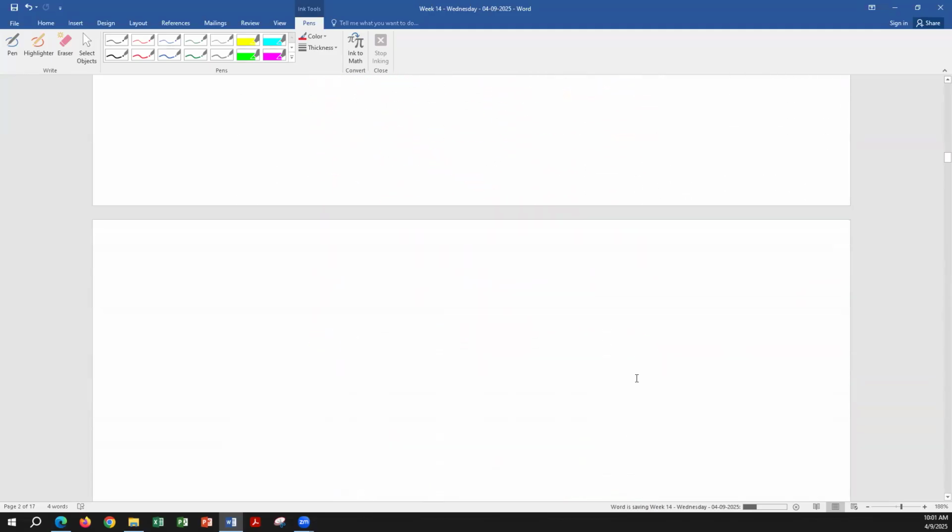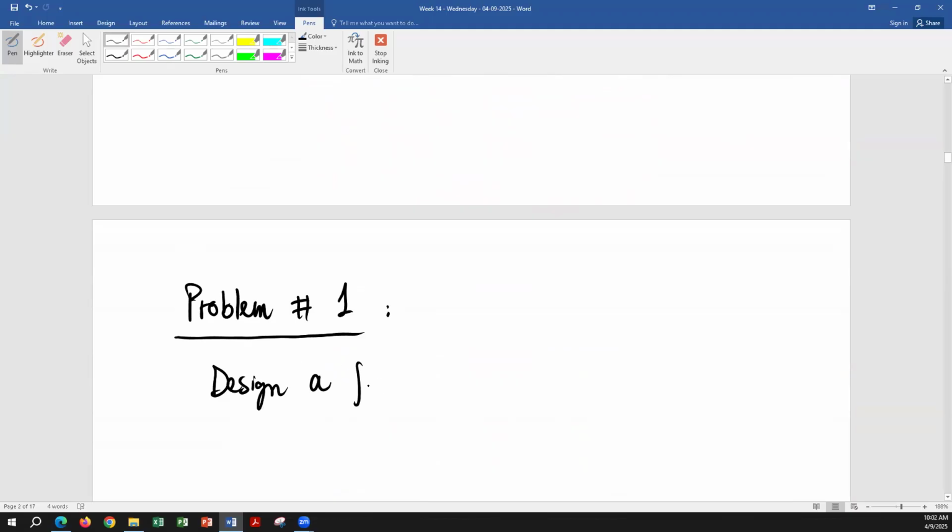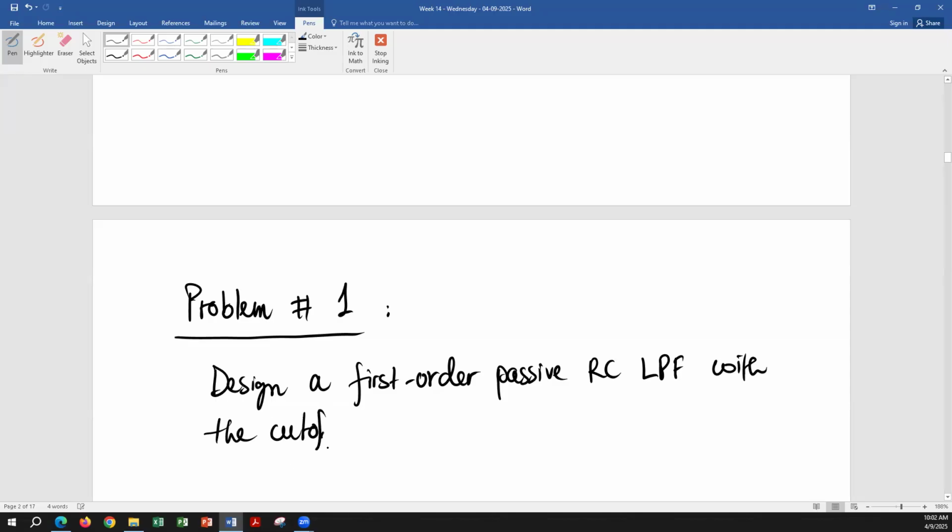If I give you an example: design a first order passive RC low pass filter with a cutoff frequency of 5 kilohertz and C equal to 100 nanofarad.